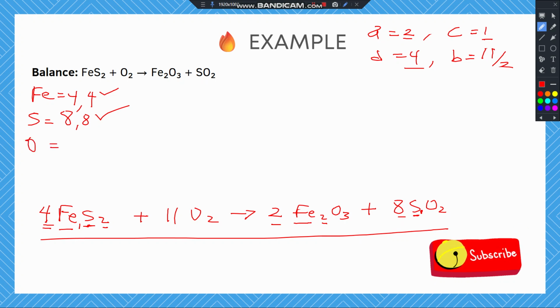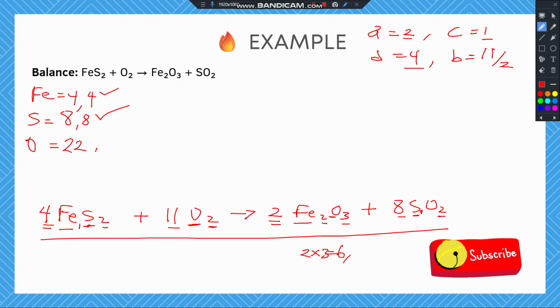And then finally we have oxygen. On the left hand side, you can see oxygen appears here, with a subscript of 2 and a coefficient of 11. 2 multiplied by 11 tells us that we have 22 atoms of oxygen on the left hand side. On the right hand side, let's calculate now. Oxygen appears here, having a subscript of 3 and a coefficient of 2. 2 multiplied by 3 gives us 6. That's not the only appearance of oxygen.